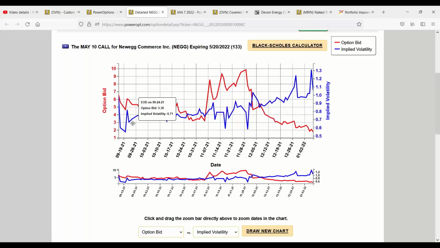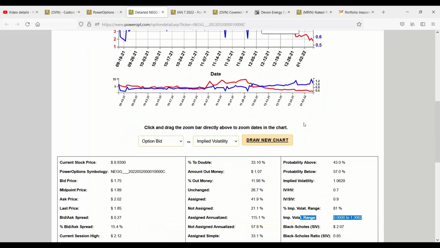So just going back here to 919, at 0.8, 0.75, that seems average. It dipped down here to 0.59, 0.79. Okay, so I'm going to call it 0.8, the mid-range implied volatility of where this option has been, from about 0.5 to about 1.3. Actually, it's probably about 0.9, but we're going to use 0.8, okay?